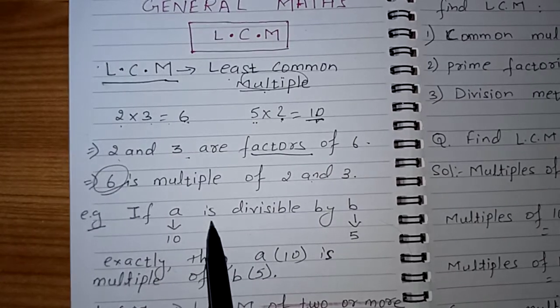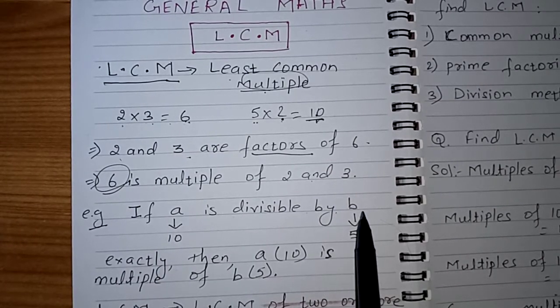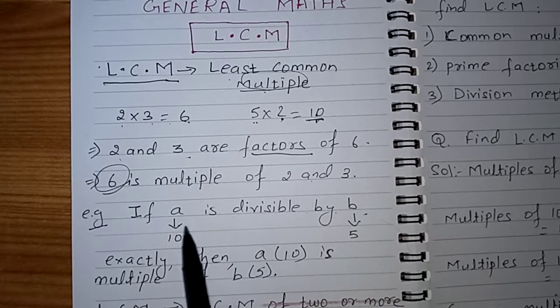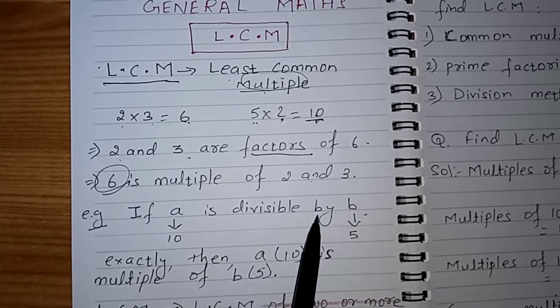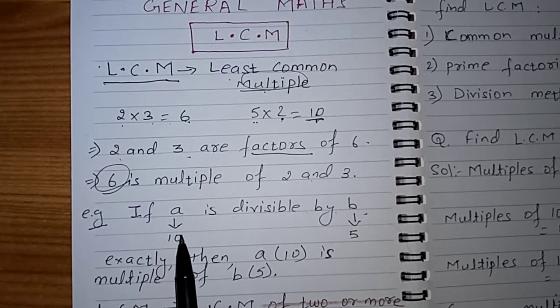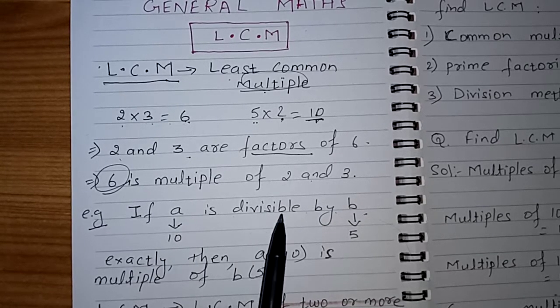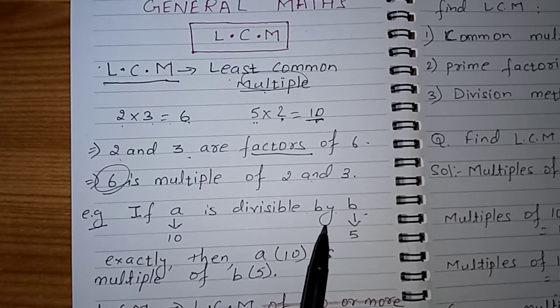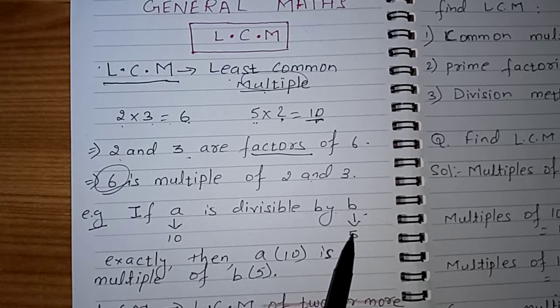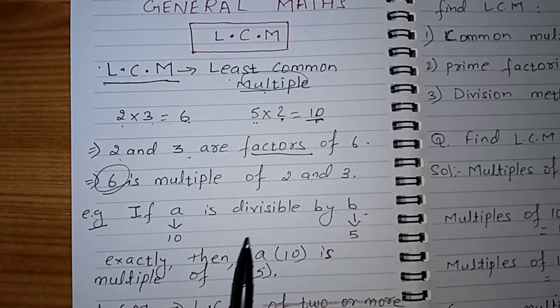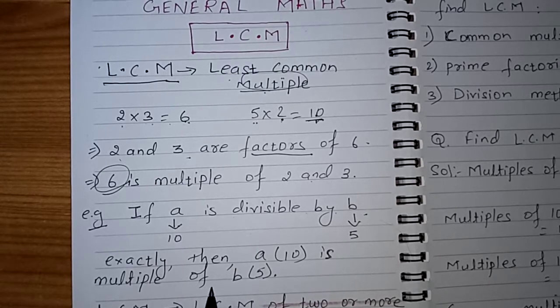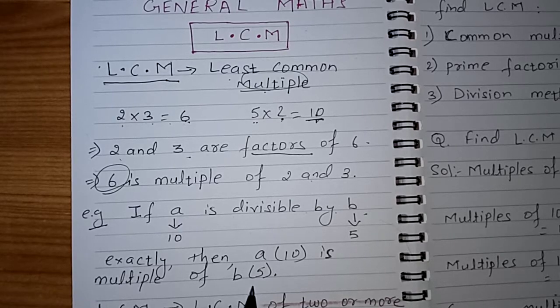If A is divisible by B, where A is one number and B is another, then A is a multiple of B. Example: A is 10, B is 5. 10 is divisible by 5, so 10 is a multiple of 5.